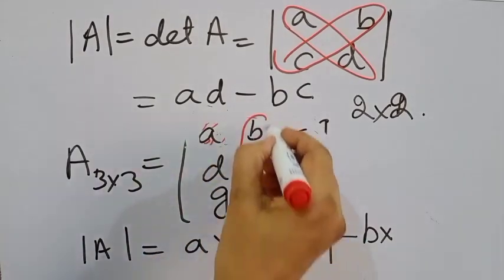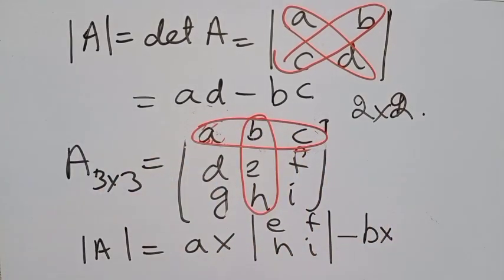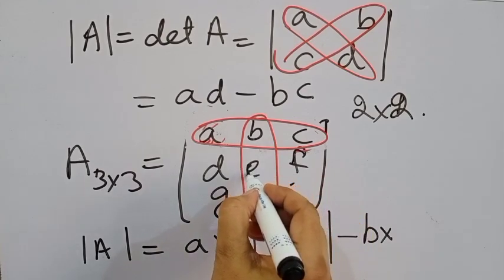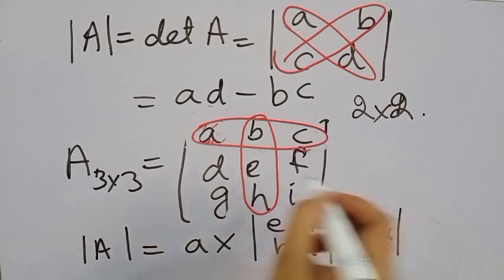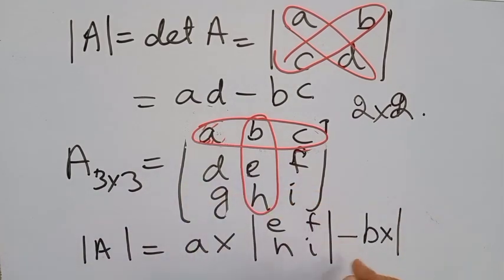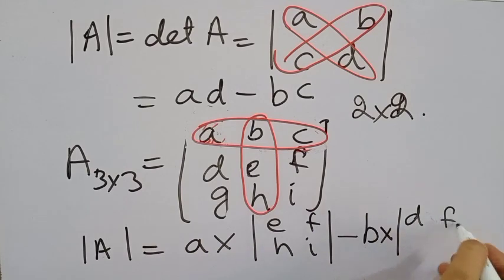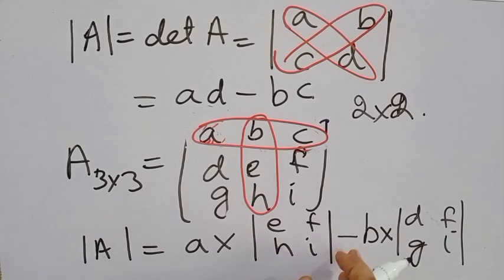So we exclude the second column and first row, and all other elements are shown in a determinant and multiplied with b: d, f, g, i. And next we have a positive sign with c multiplied by.